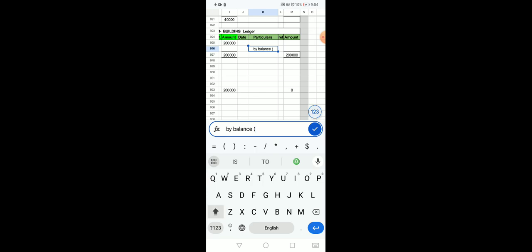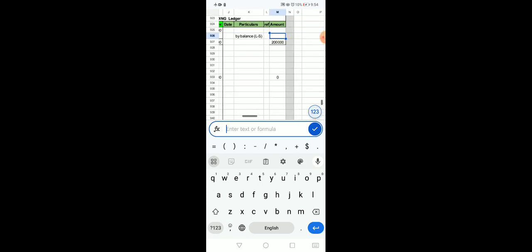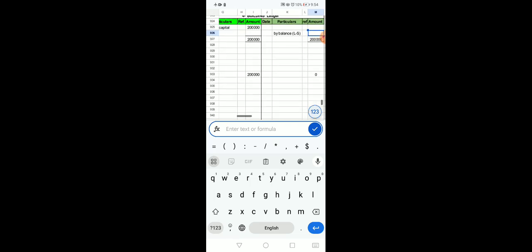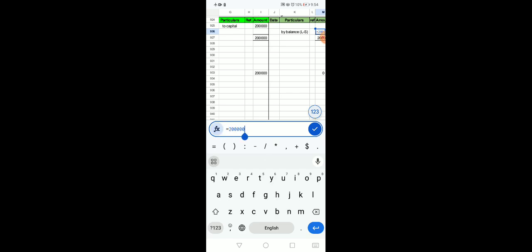So here you have larger sum and you will subtract smaller sum from it. See, what was the total of debit side? 2 lakh. Sum of credit side 0. So larger total was 2 lakh. So you will put 2 lakh first, and then you will subtract the smaller total, which was 0, and here you have calculated the initial balance.